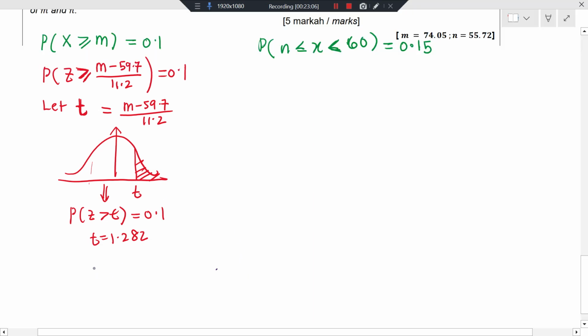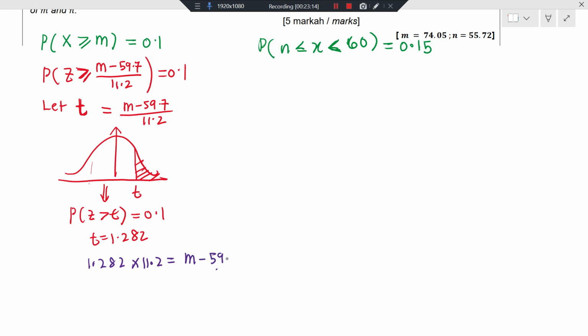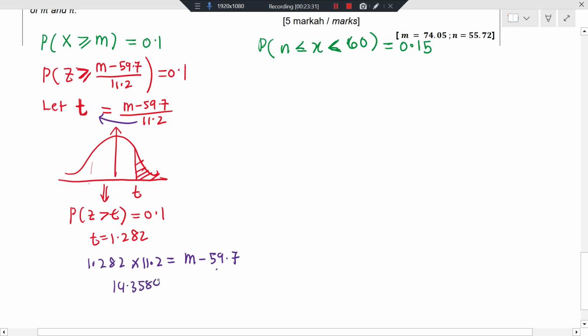And then you multiply. 1.282 multiplied by 11.2 is equal to m minus 59.7. How do I get 11.2 there? I multiply here, and I get 14.3584 equal to m minus 59.7.